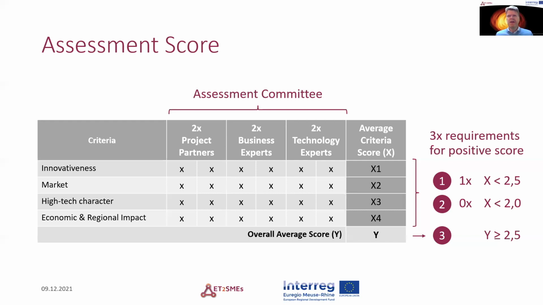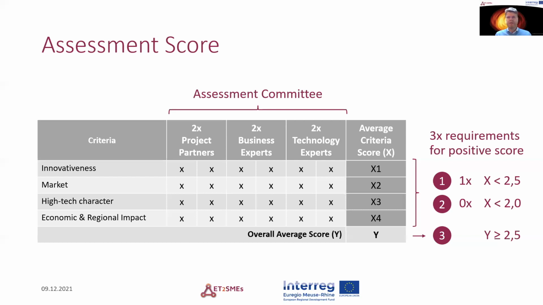Now, if you put all the scores in the table, then for each criterion you will have an average criterion score, and you will also have an overall average score, which is Y. What is really important is that the average criteria scores, the X's, have at least an average score of 2.5.